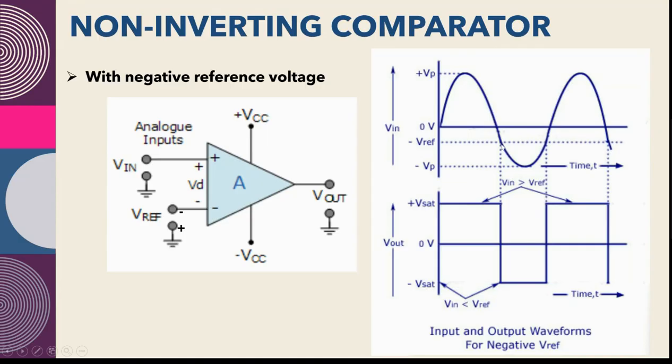When the input voltage becomes less than minus 3, the output will become minus Vsat. So this is how a comparator circuit works. Any doubt in this? Understood the logic?